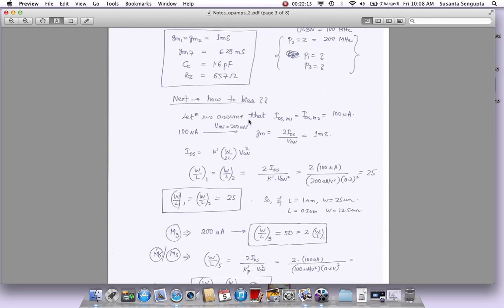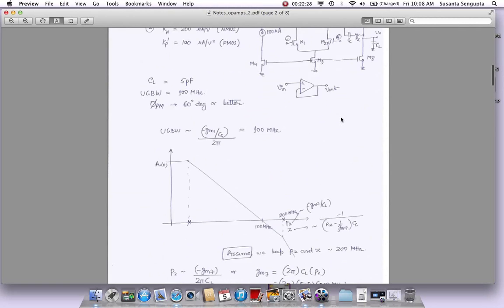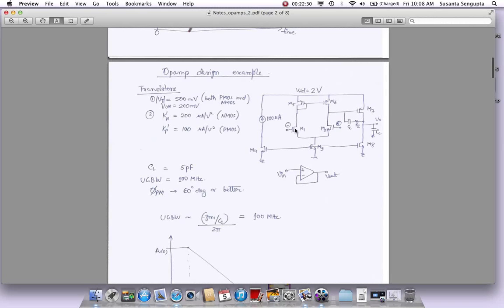We will make another assumption here: let me assume that the bias current in this M1 and M2 transistor is 100 microampere. And why is it so? So I made an assumption that these two GMs are 1 millisiemens. They could be caused by different bias currents, but let's make the bias currents about 100 microampere. Why?